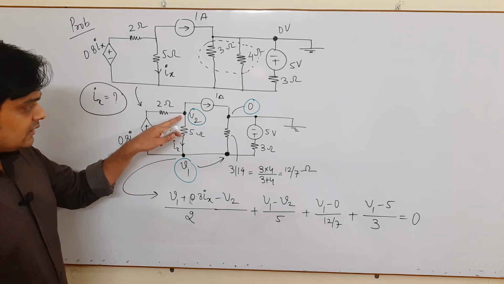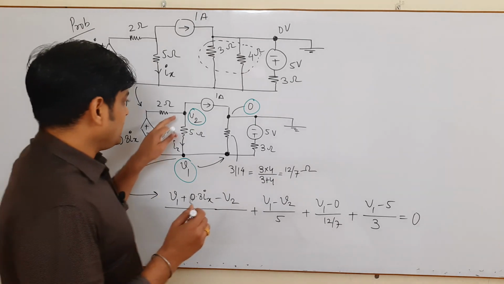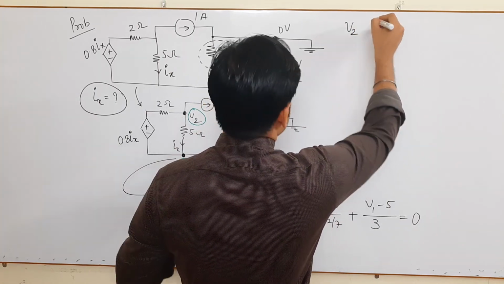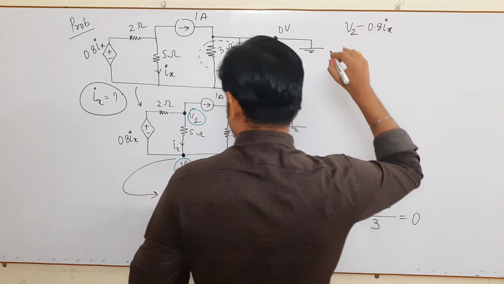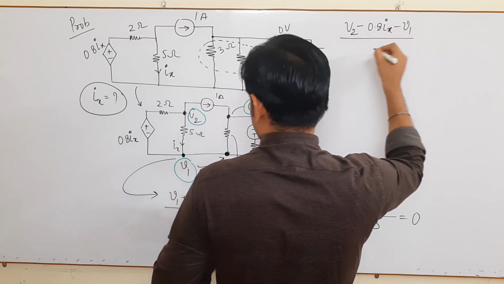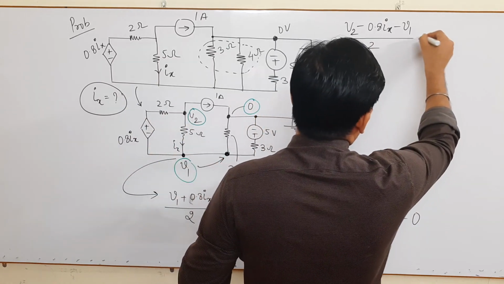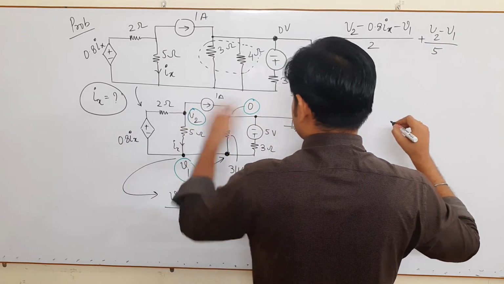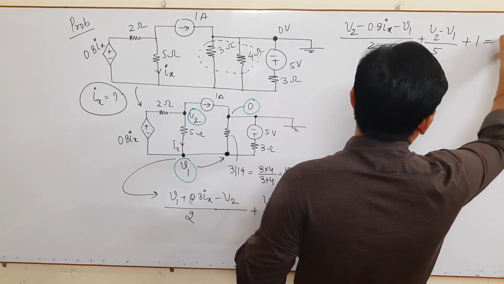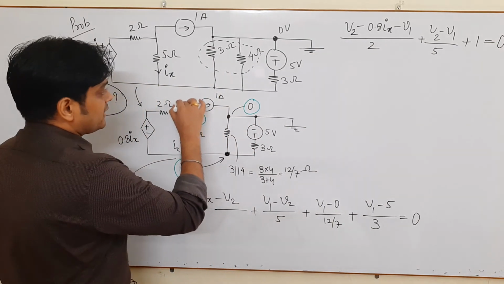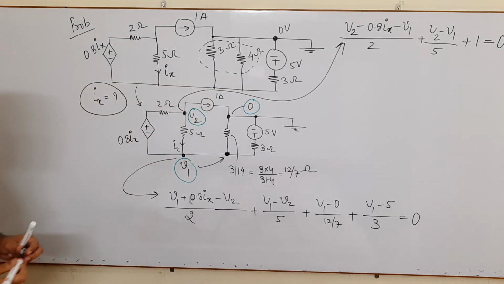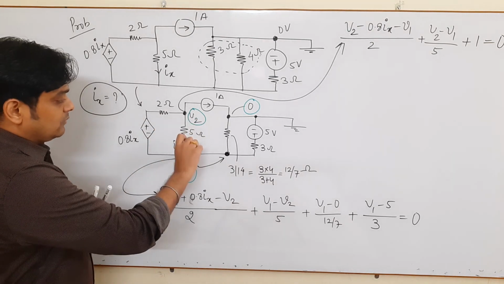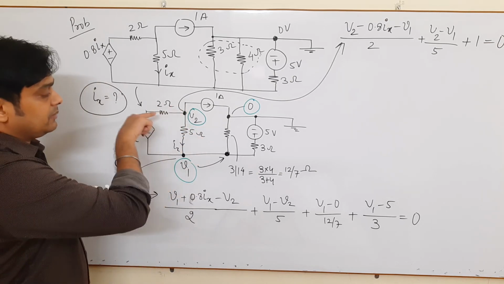Now there is another node, V2, so we have to see what V2 is. When I apply nodal analysis at this node, it is V2 minus 0.8 Ix minus V1 upon 2, the current flowing here, then V2 minus V1 upon 5, the current flowing here, and 1 ampere current going out, plus 1 is equal to 0.